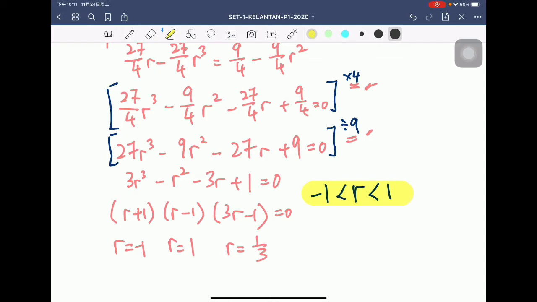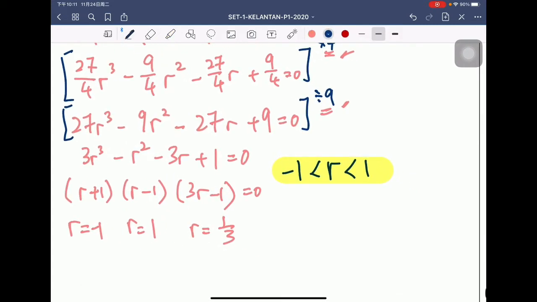You can imagine what the answer would be if the common ratio is greater than 1. For example, the first term is 2 and the second term is 4, then the third term will be 8, 16, 32, 64, and so on. If this is a sum to infinity, will you get an answer?